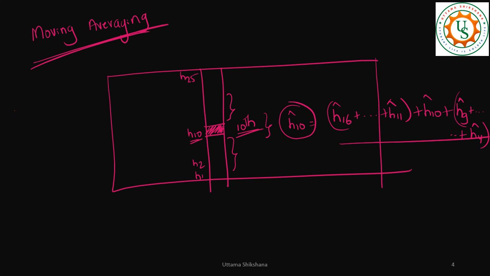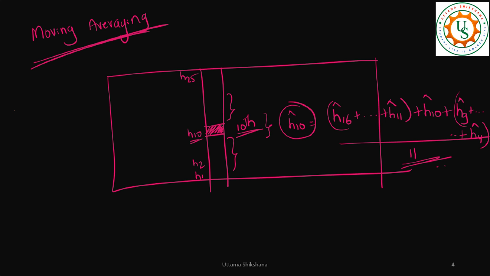So there are a total of 11 samples, and you divide by 11. All right, this will be a fairly good assumption to proceed with, and it will give much better estimates even under a high speed scenario.